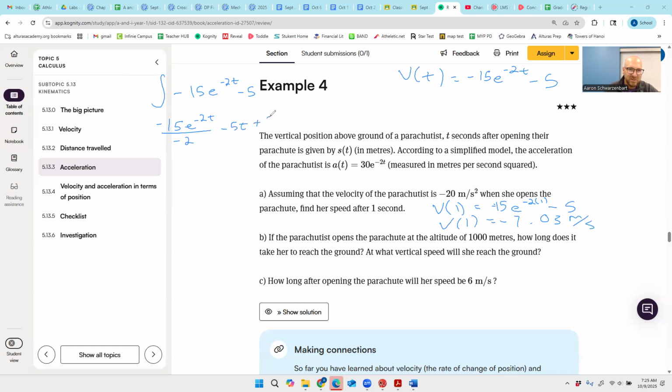The negatives cancel. I get 15 over 2, which is 7.5. And I'm told s of 0 is 1,000, so the initial height is 1,000.